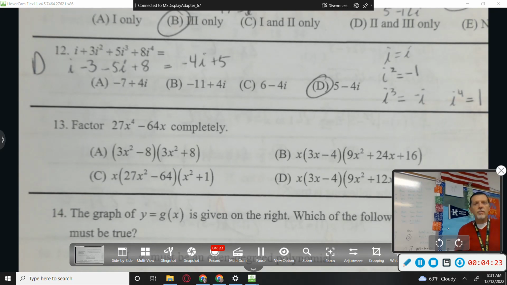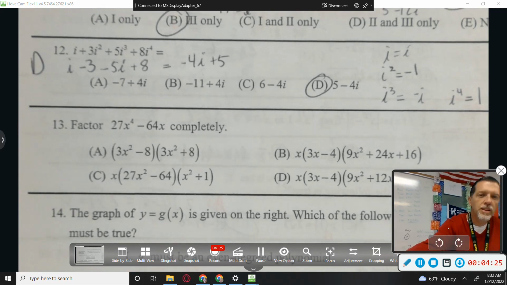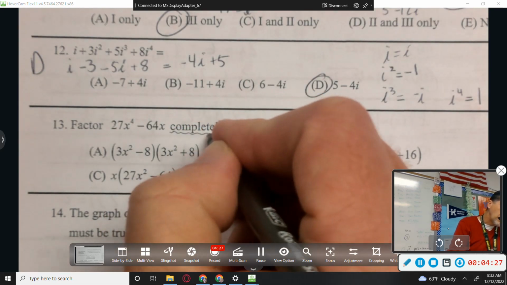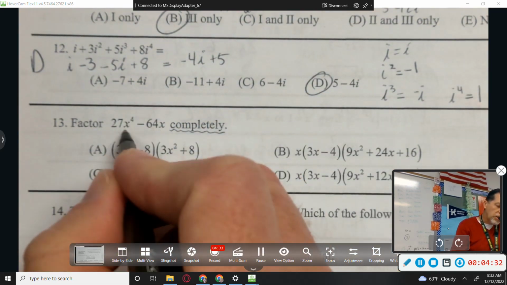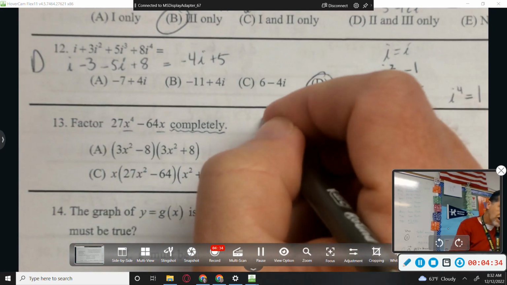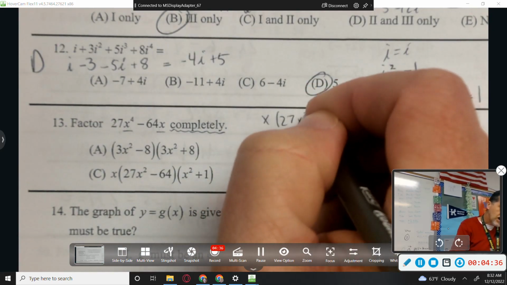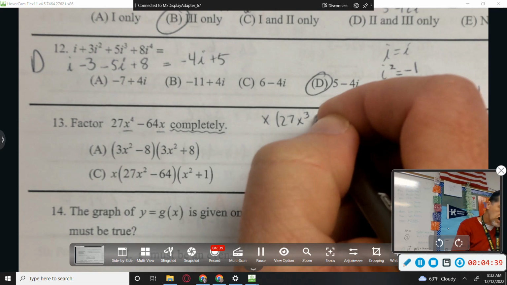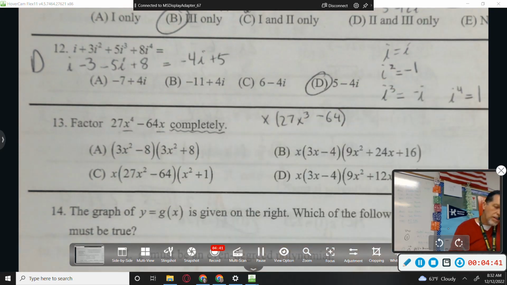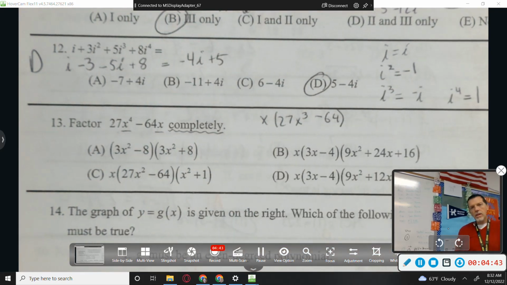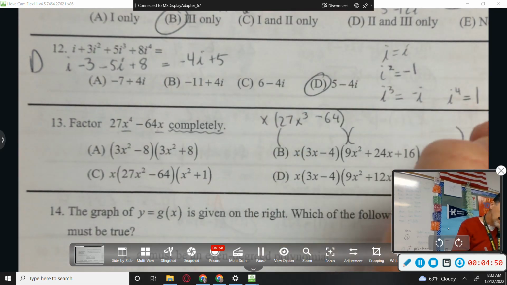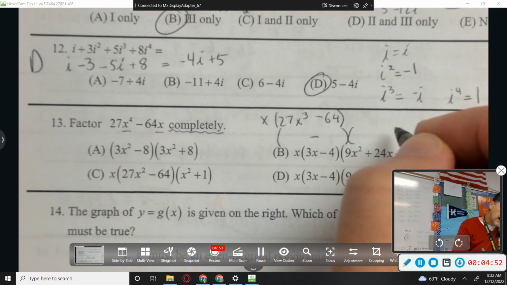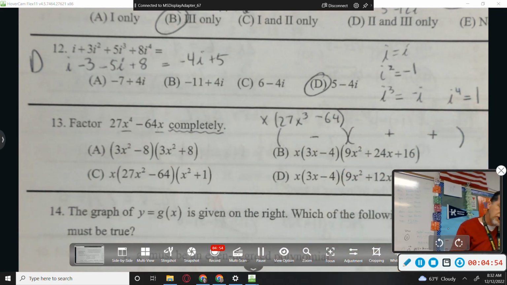Factor that thing completely. Completely suggests there will be multiple steps. Always look for a GCF first, so I can take out the x. 27x cubed minus 64. Oh, that's a difference of cubes. So same, opposite, always positive for the signs.